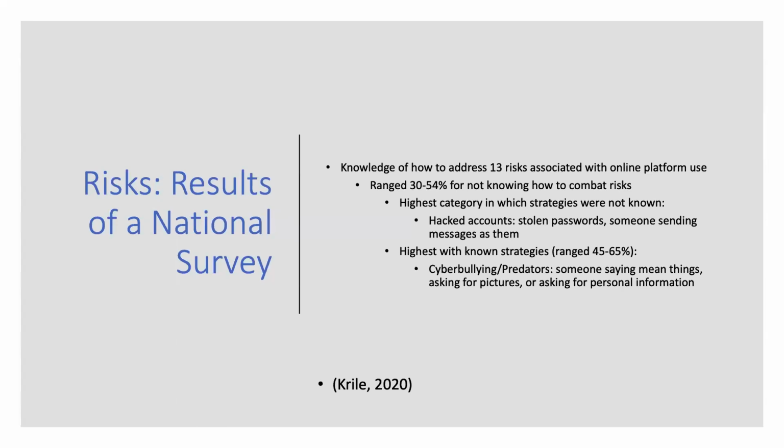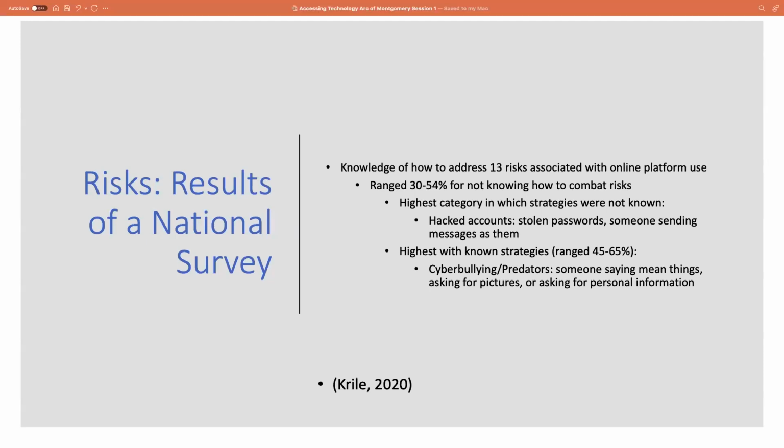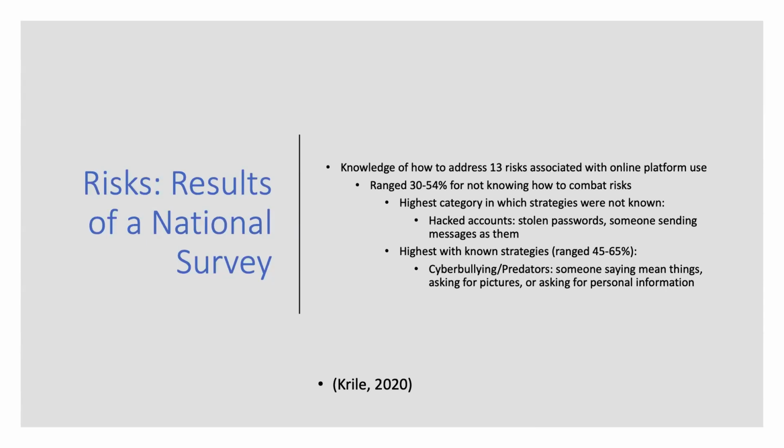And then we think about what schools teach, right? Schools teach a lot about cyberbullying and predators, so that must be why that was the category where they knew the most strategies.